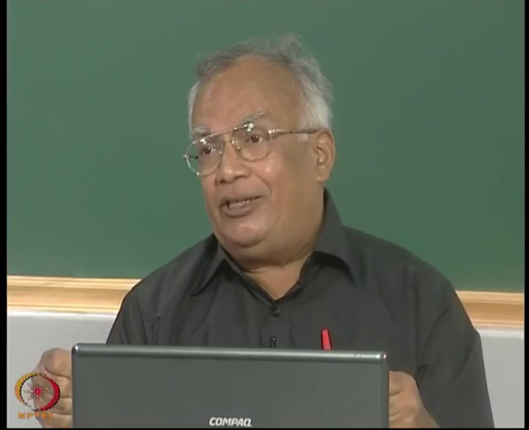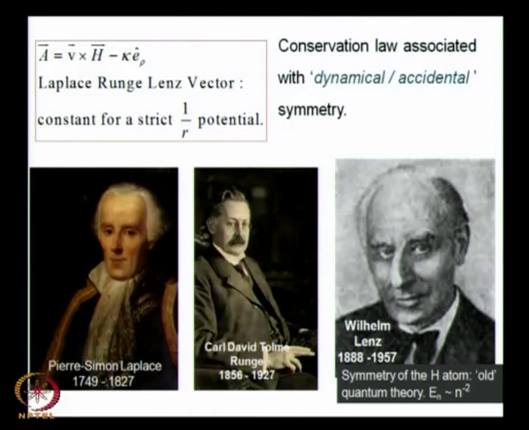It is this dynamics, this nature of the physical interaction, which goes into the heart of the constancy of the Laplace-Runge-Lenz vector. This is connected with the conservation principle, and this conservation principle has a corresponding symmetry, as one would expect from Noether's theorem, and this symmetry is therefore called dynamical symmetry. Lenz's name is also associated with this vector.